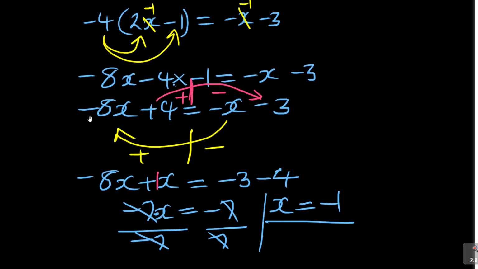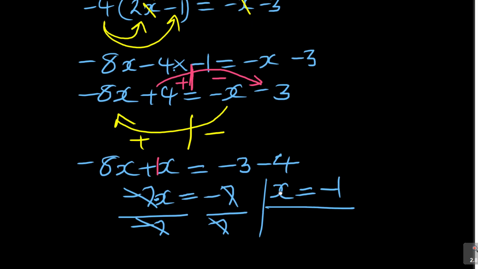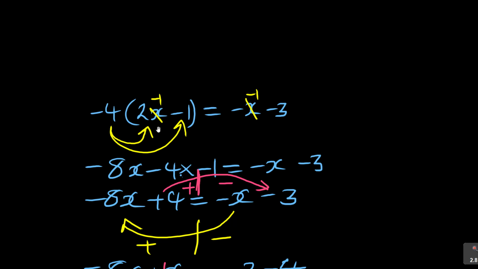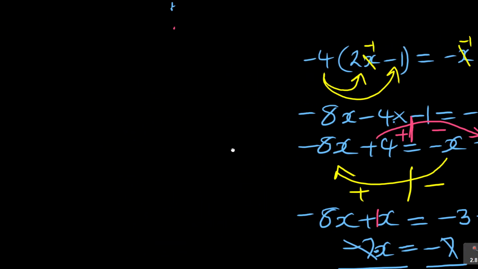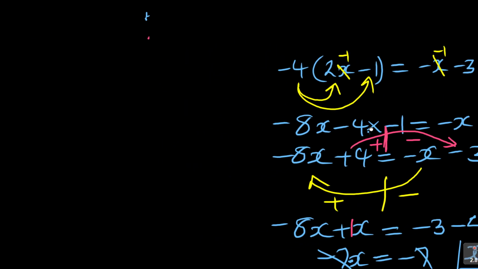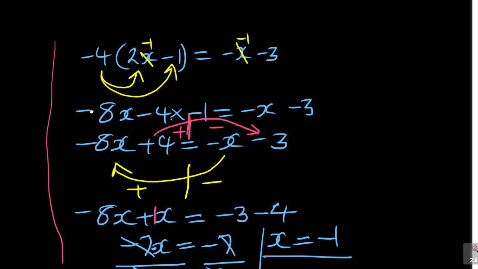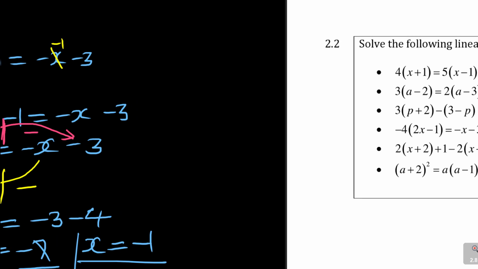We said minus 8x plus 4 is equal to minus x minus 3. -8 plus this is equal to this and this. That was fine. So x is -1. Is it me who's not testing this the right way here? Sometimes it confuses. Let's just redo this because I don't see where the error is. It's -4, right? 2x minus 1.